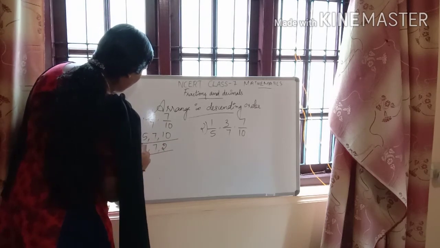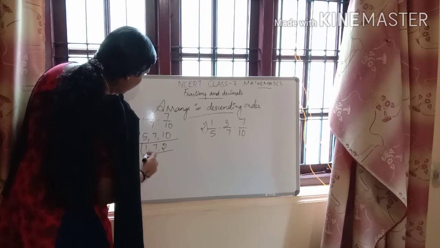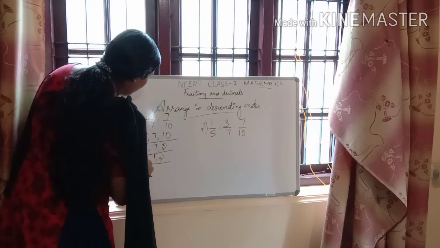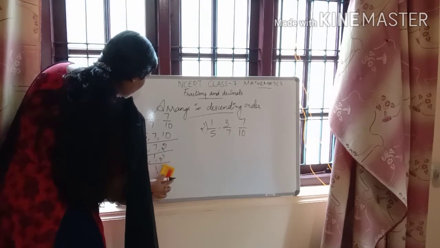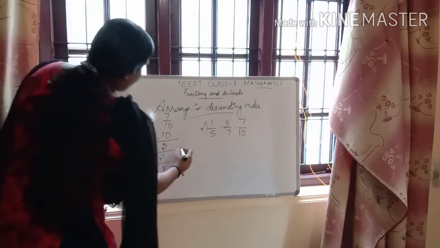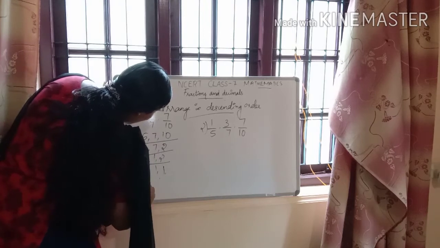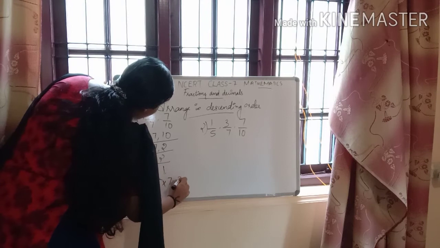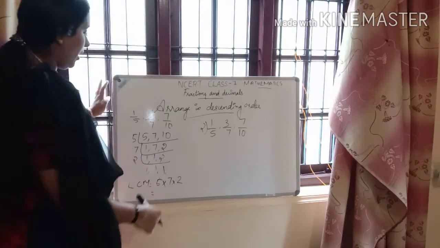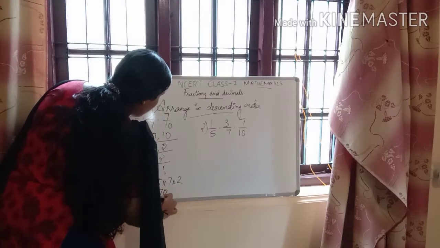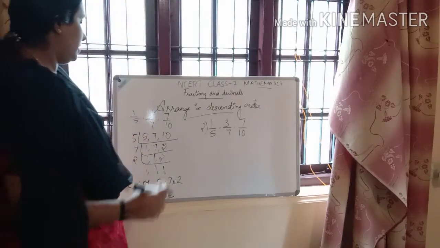Here no common factors, so we can divide to get 1, 1, 2, then 2, 1, 1, 1. So the LCM will be 5 into 7 into 2. That means 5 into 7 is 35, into 2 is 70. 70 is the LCM for this question.